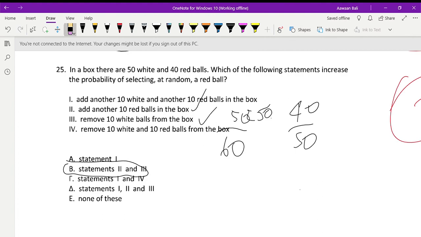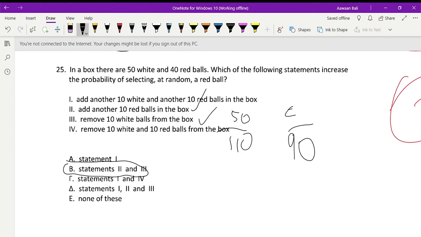Wait. Oh, I forgot something. This is 110. And this is 90 and 40. Nothing changed. Nothing changed at all.